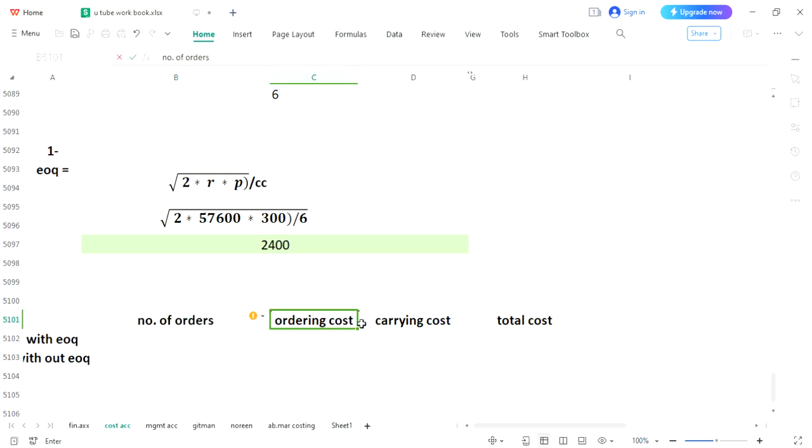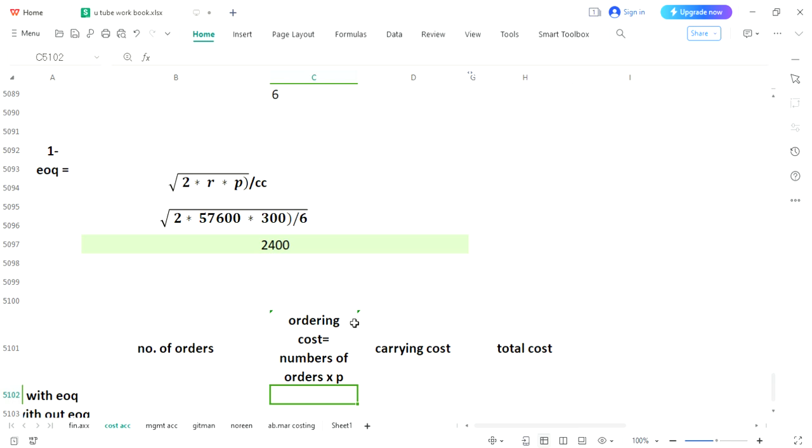And how you will calculate it, you need to have number of orders, and then you will multiply it with P, cost of placing an order.